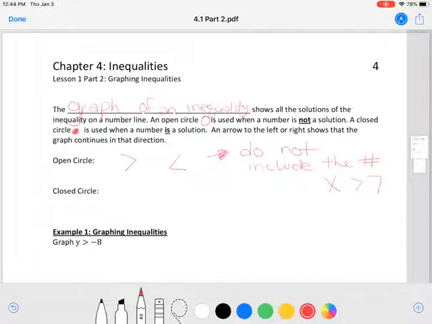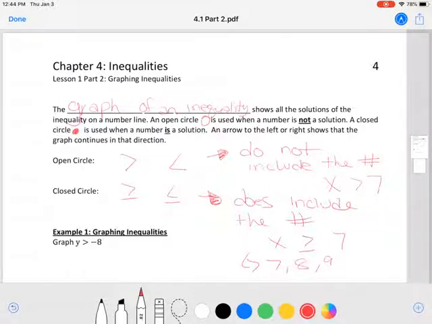You will use a closed circle when we have the or equal to. And this is because the solution does include the number. So for instance, if I said x was greater than or equal to 7, that means that the solution could be 7, it could be 8, 9, and so on, but it includes that 7.